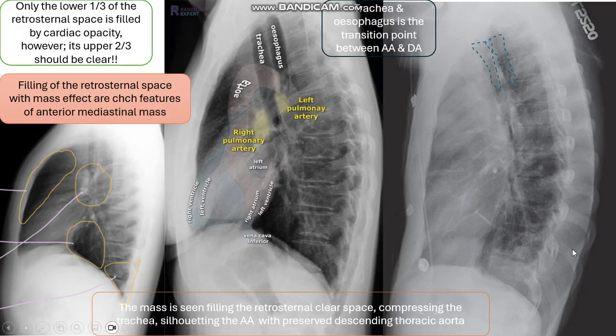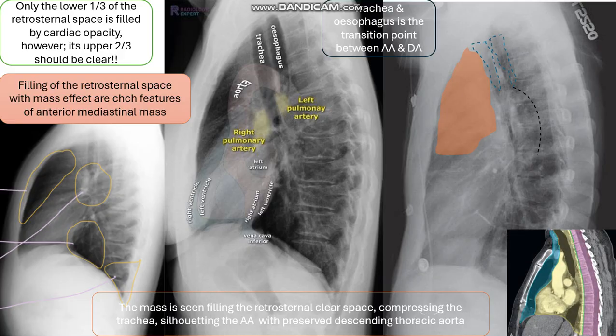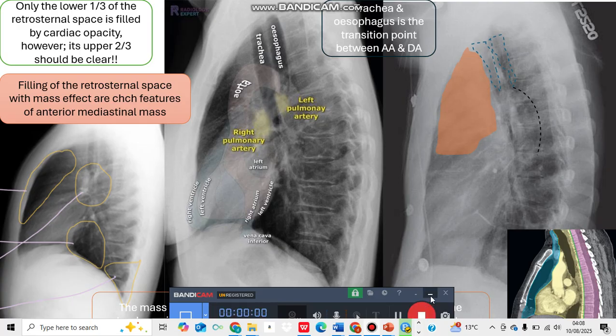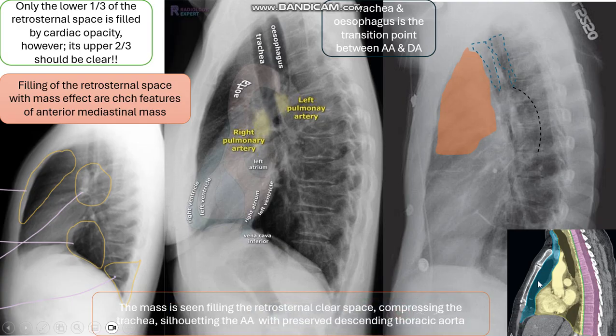So this is the anterior mediastinal mass. This is the preserved descending thoracic aorta, and here this is where the anterior mediastinal mass arises.